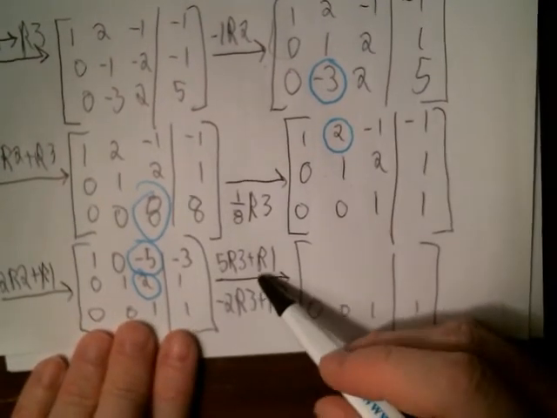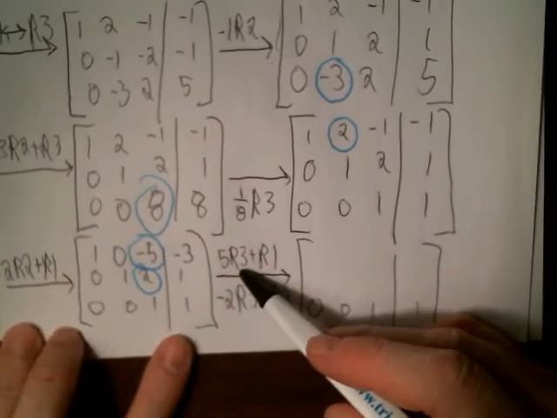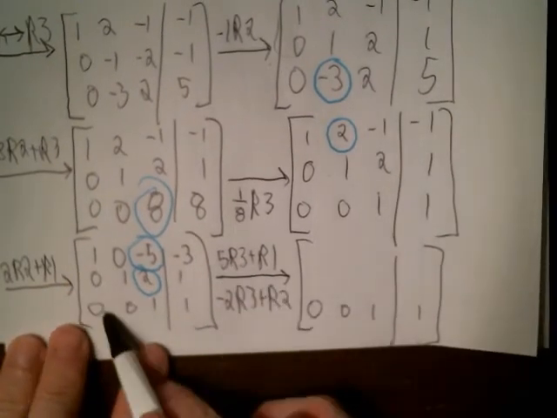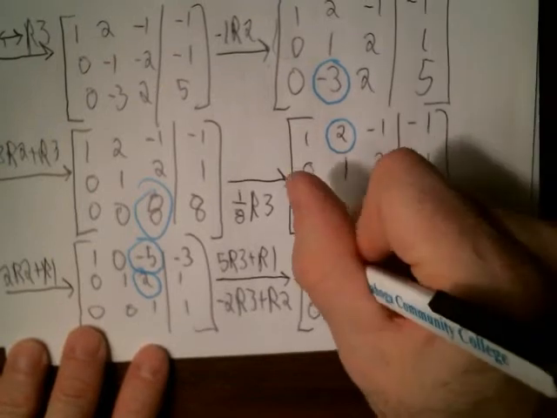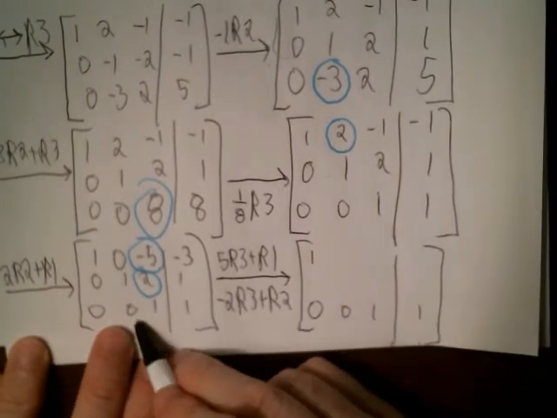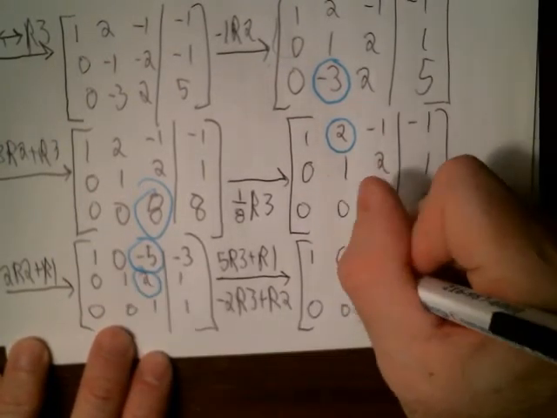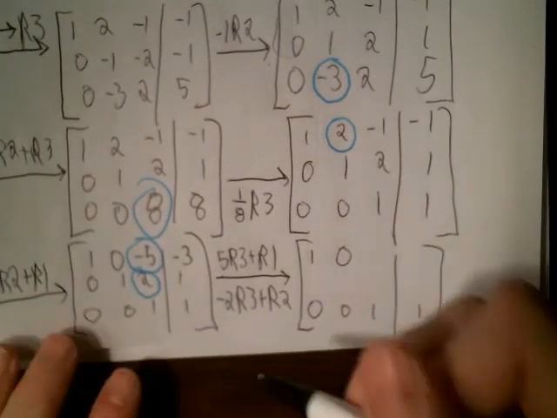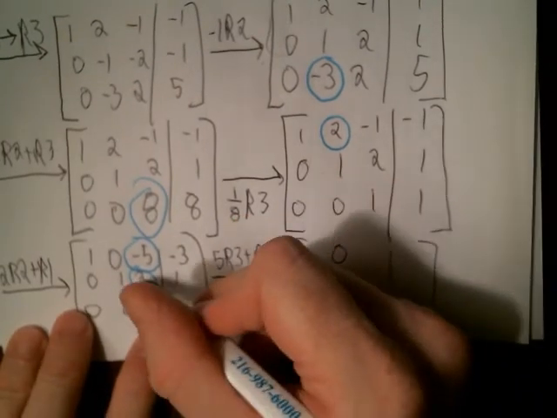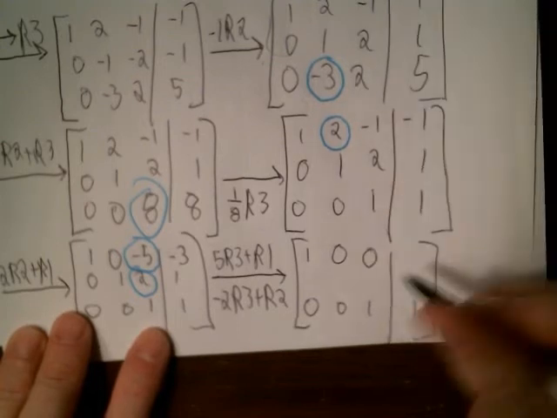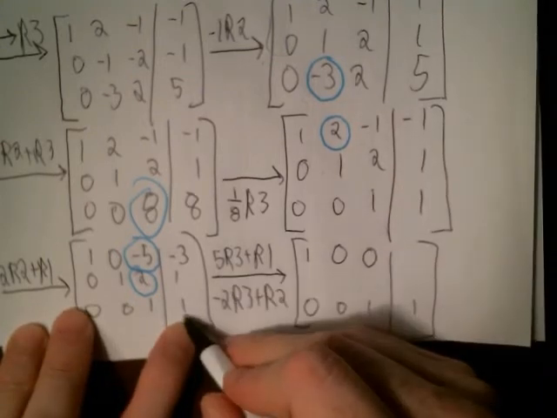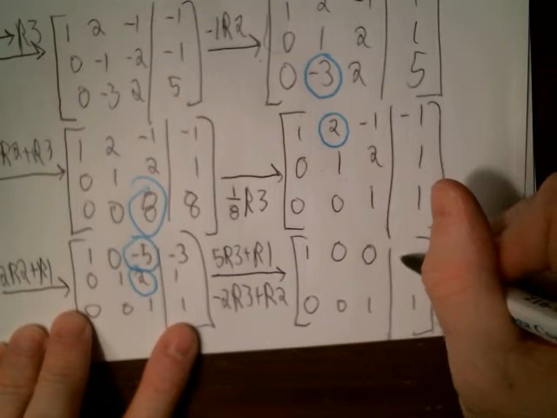And then we'll go at it. So 5 times row 3, 5 times 0 is 0, 0 plus 1 is 1. 5 times 0 is 0, 0 plus 0 is 0. 5 times 1 is 5, 5 plus -5 is 0. 5 times 1 is 5, 5 plus -3 is 2.